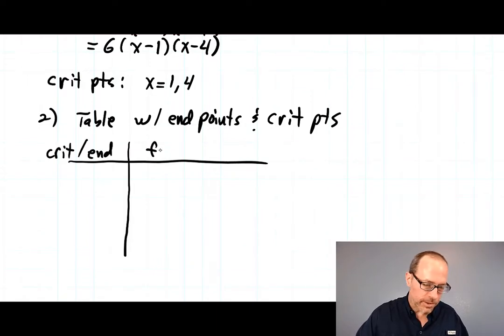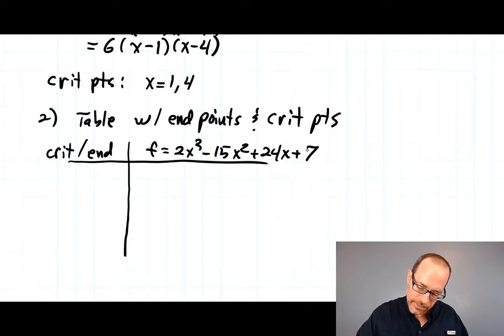And remember, our function was 2x cubed minus 15x squared plus 24x plus 7. The critical points were 1 and 4, and the endpoints were 0 and 6, and so we have to plug everything in here.